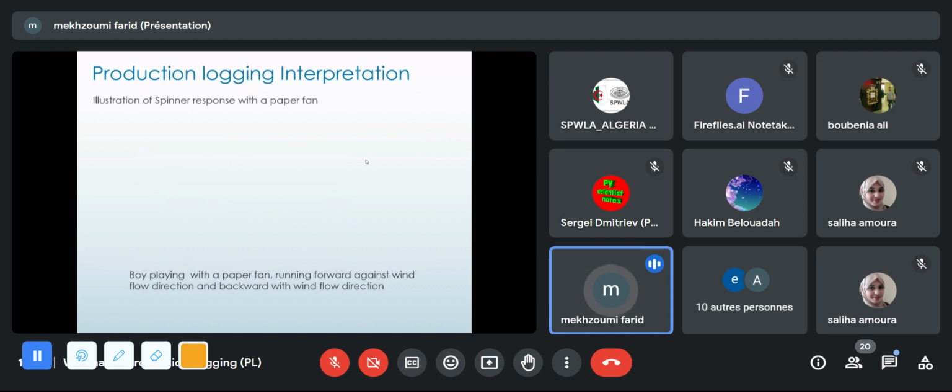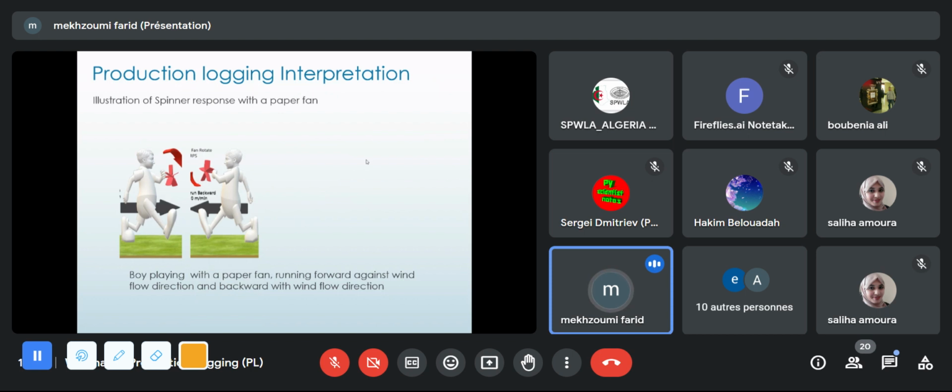So here, let's forget completely the tool. Back when we were kids, we played with what we call a paper fan. I think everyone did it, with a plastic bottle.